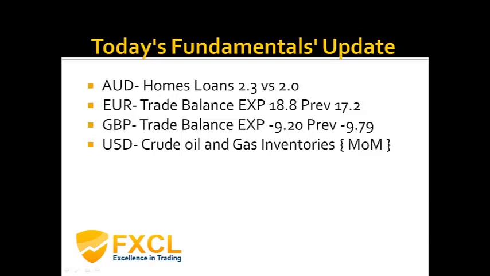And the Great British Pound also has trade balance. It's expected at negative 9.0, and the previous was negative 9.79. In the U.S. session, not a lot of data coming out, and we have crude oil and gas inventories month on month, both of those in the U.S. session.